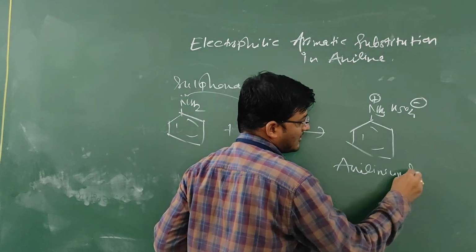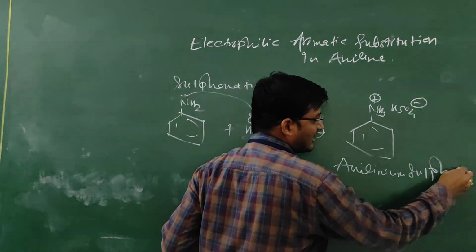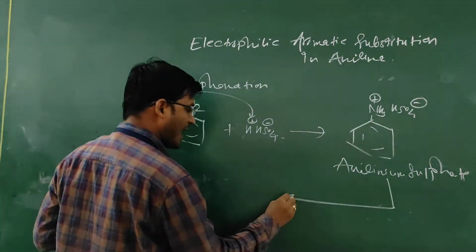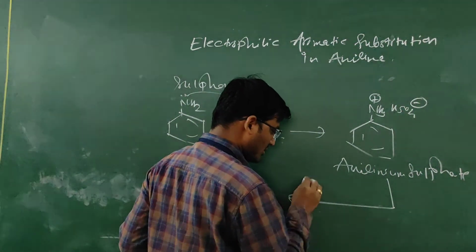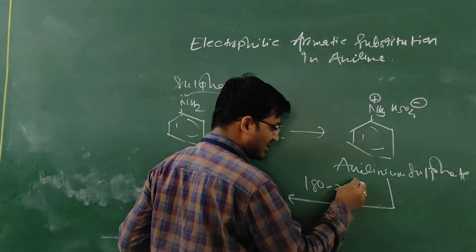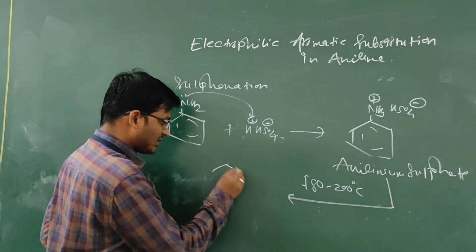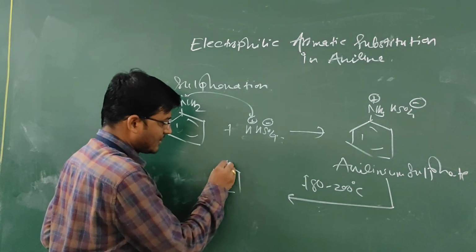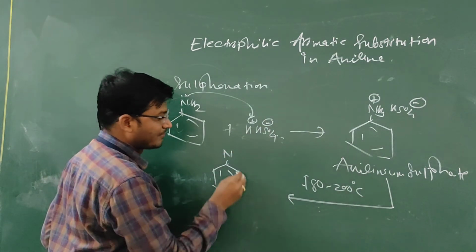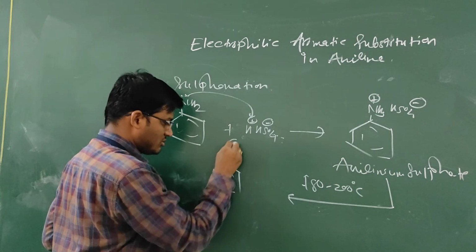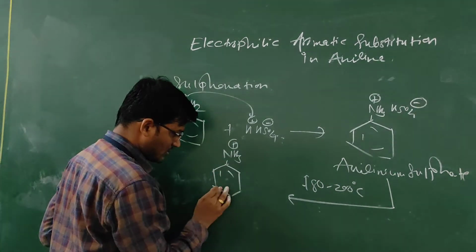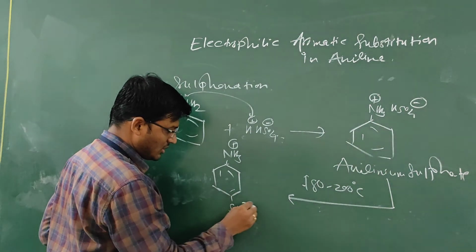This anilinium sulfate, when heated at high temperature, near about 180 to 200 degrees Celsius, gives NH3 positive with SO3 negative.